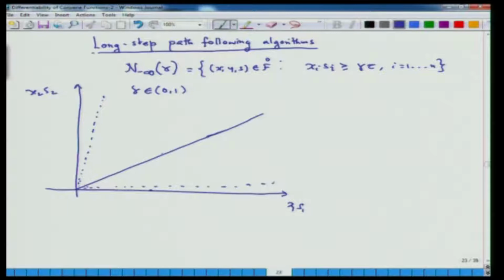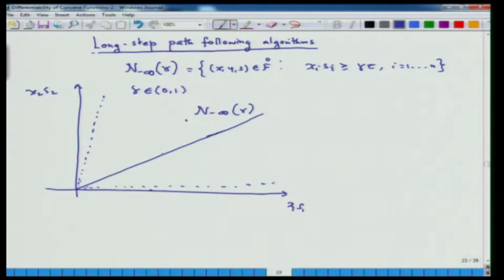When tau is bigger, this is say gamma tau, so this will be the value of x1 s1. You will take all x1 s1 on the top, so x1 s1 which is bigger than gamma tau, you take this part here, this is your gamma tau. For x2 s2 equal to gamma tau, you take everything which is bigger than that. So, this is my neighborhood, this is my N.